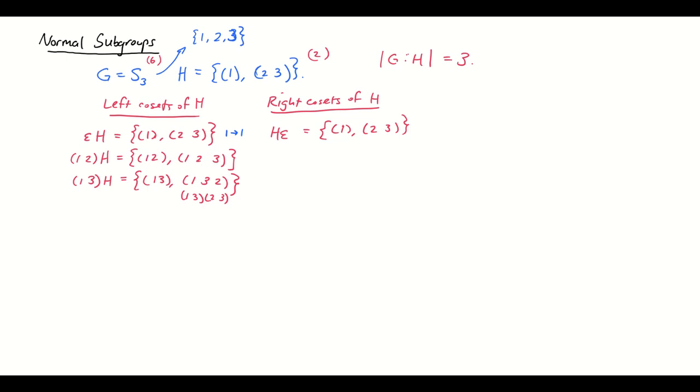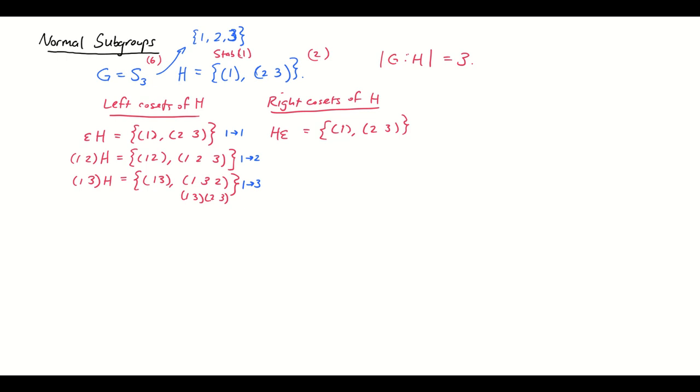And then the second one also sends 1 to 2. So each of these sends 1 to 2 under the group action. And then in the third coset, everything here sends 1 to 3. So the left cosets partition my permutations in terms of what they send 1 to. Because I defined H to be the stabilizer, and I'm going to write this down. H is the stabilizer of the number 1.